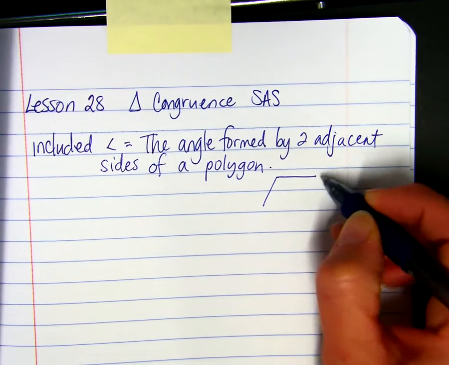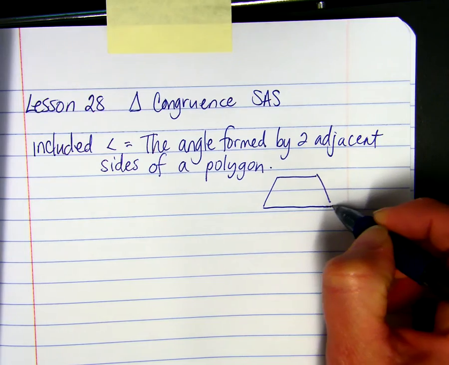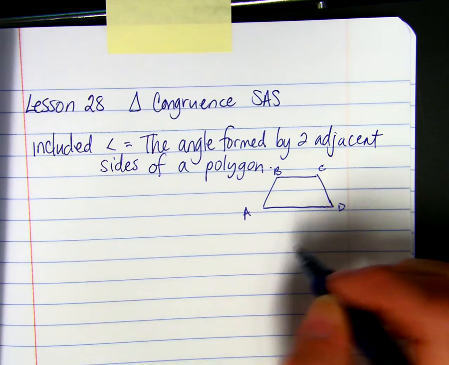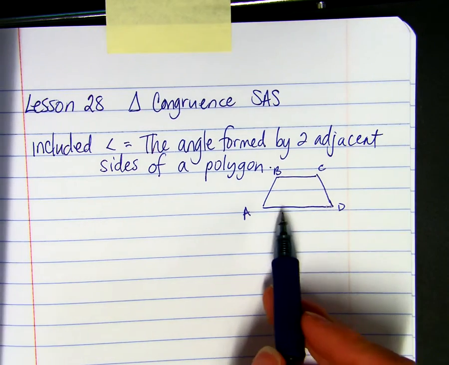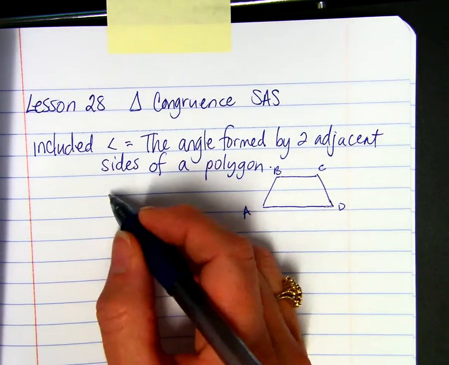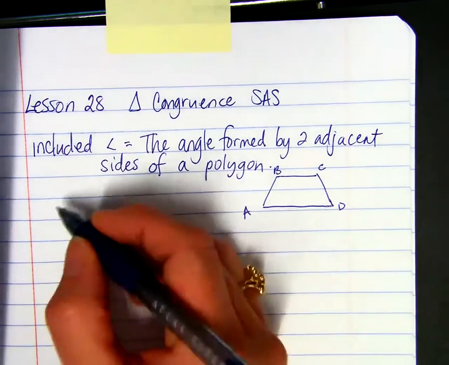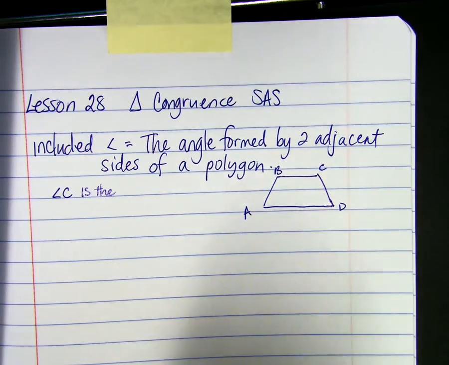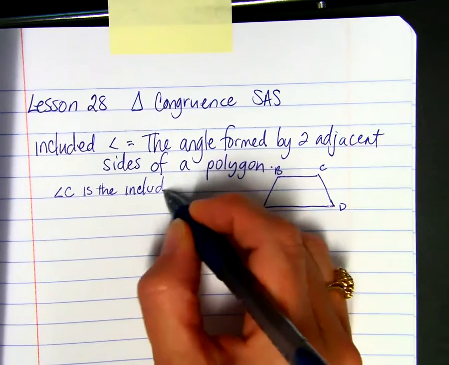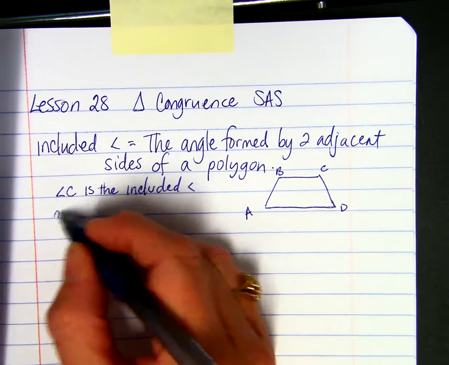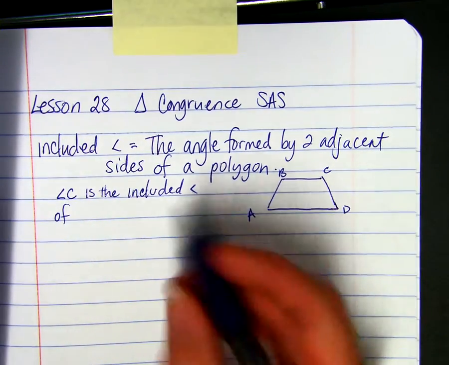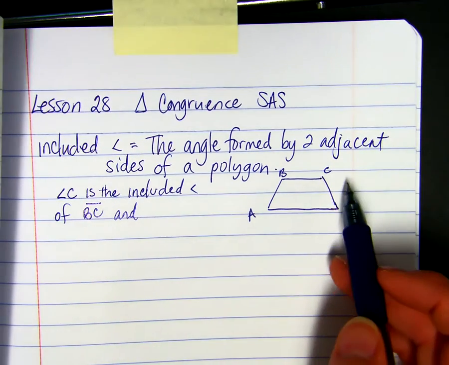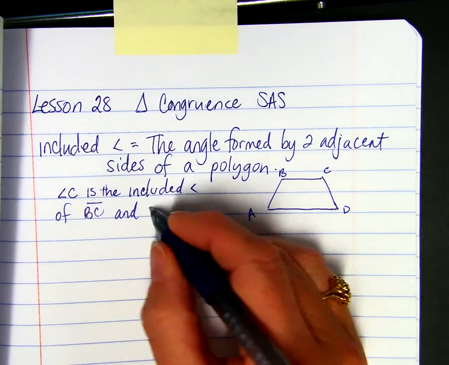So if we're going to draw a polygon here, let's call it A, B, C, D. We could say that angle C is the included angle of side BC and side CD.